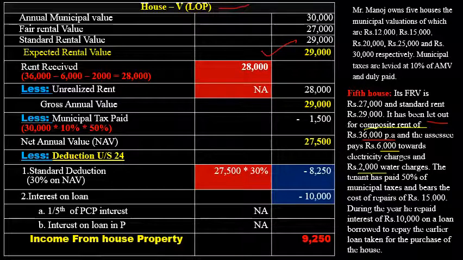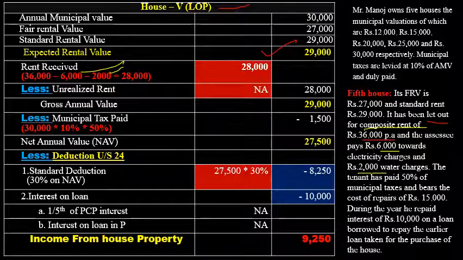So here total composite rent is 36,000 less 6,000 as the cost of electricity charges paid by the owner, and 2,000 as the cost of water charges again paid by the owner. If it is paid by the tenant, it is not deductible. This is applicable only whenever the composite rent is given.